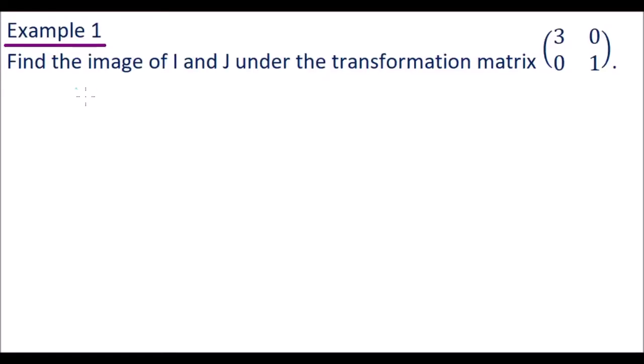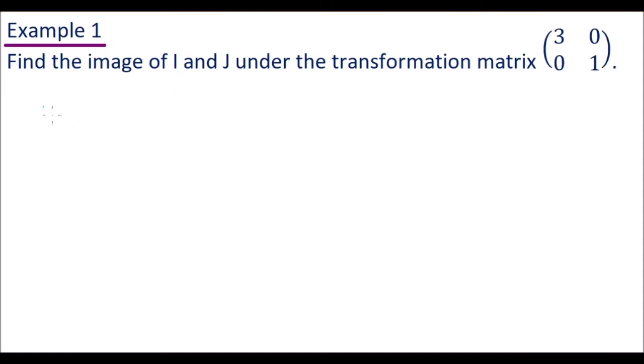So our example 1. Find the image of I and J under the transformation matrix 3, 0, 0, 1. As you remember earlier, for us to get the image, we pre-multiply the transformation matrix by the matrix that is formed from the coordinates of our object.